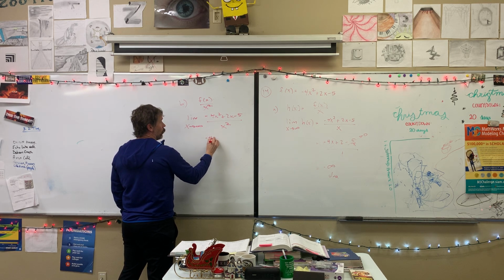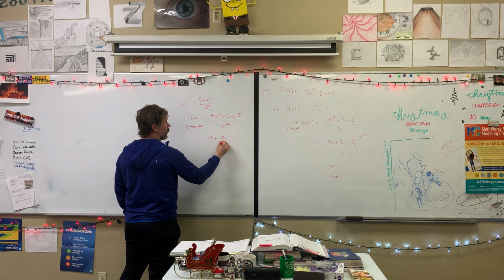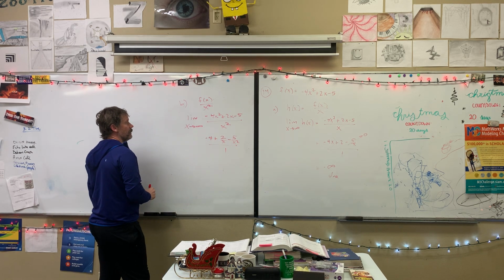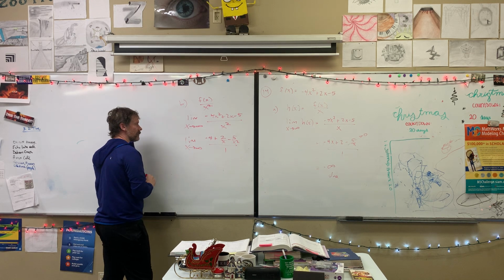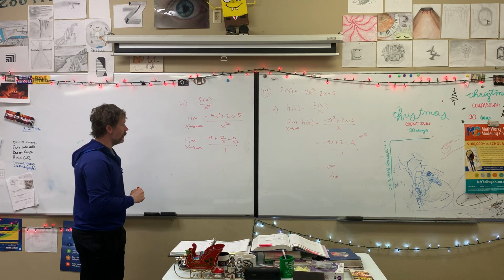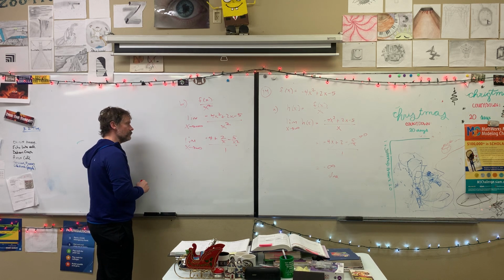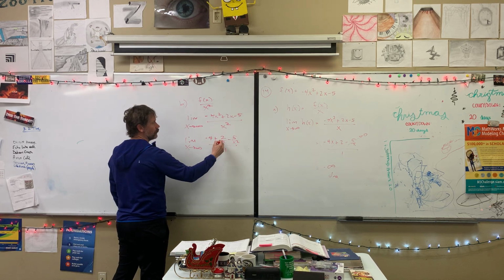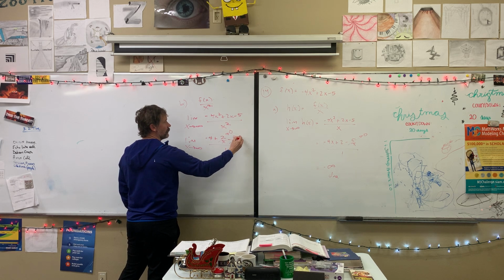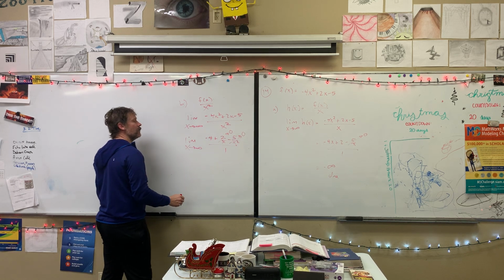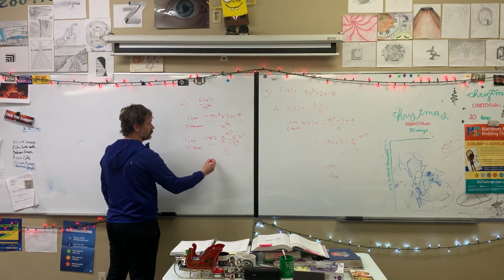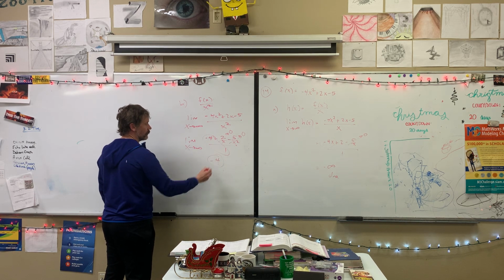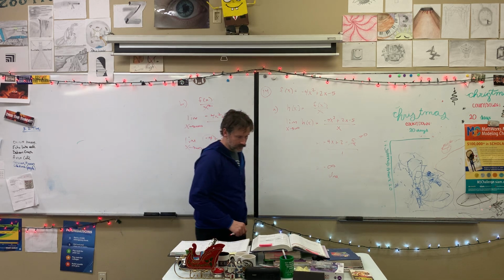So you get negative 4 plus 2 over x minus 5 over x squared all over 1. And then you would take the limit as x goes to infinity, and you recognize 2 over x goes to 0, 5 over x squared goes to 0, and you're just left with negative 4 over 1, which is just negative 4. So the limit would be negative 4.